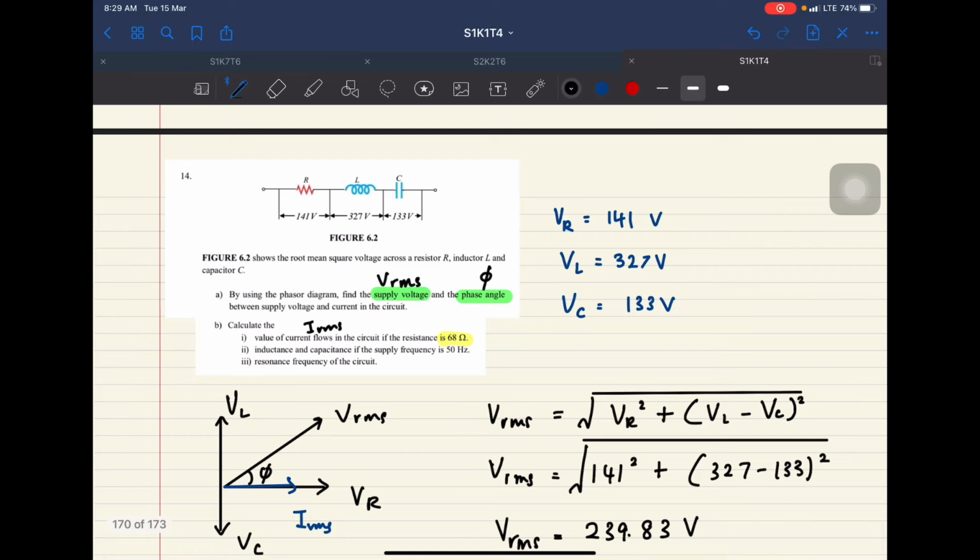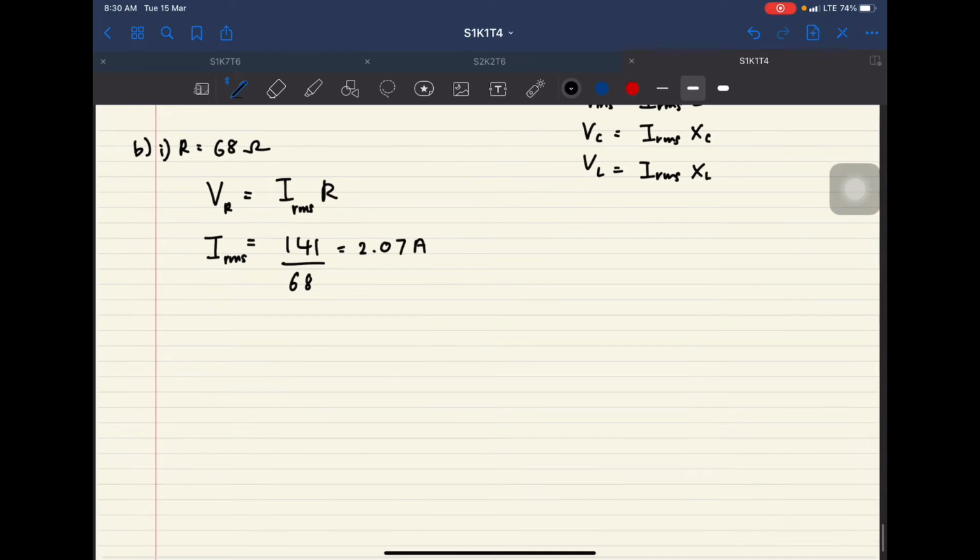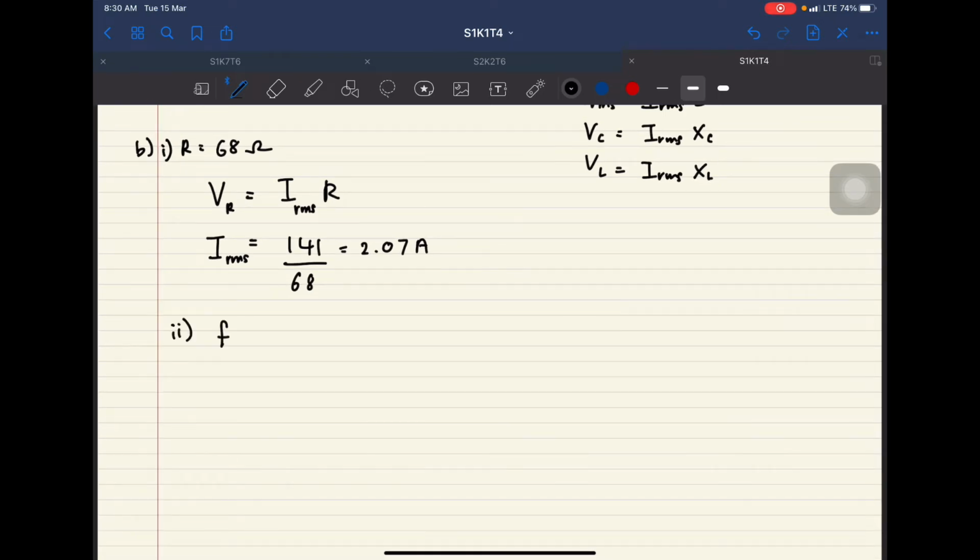Okay, for B2, it says that calculate the inductance and the capacitance if the supply frequency is 50 Hertz. So inductance is basically L and capacitance is C. So given that frequency is 50 Hertz, they want you to find L and C. So you can find L and C from the formula of XC and XL.